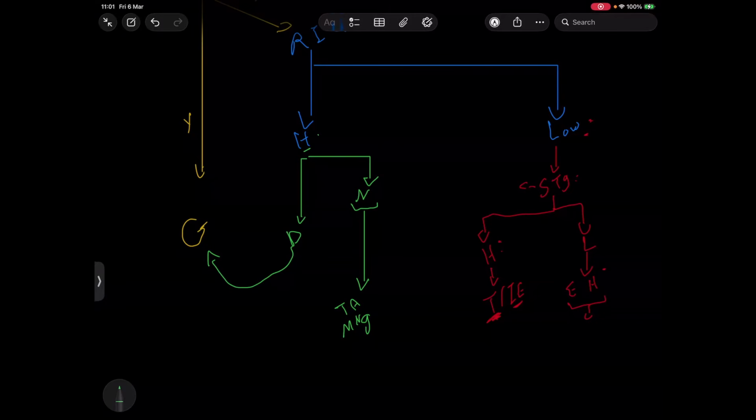If you don't find them, you're going to check the radio uptake. If the radio uptake is high, what are you going to look for? The pattern. Is it nodular? If it's nodular, your answer is toxic adenoma. If it is diffuse, it's Graves.